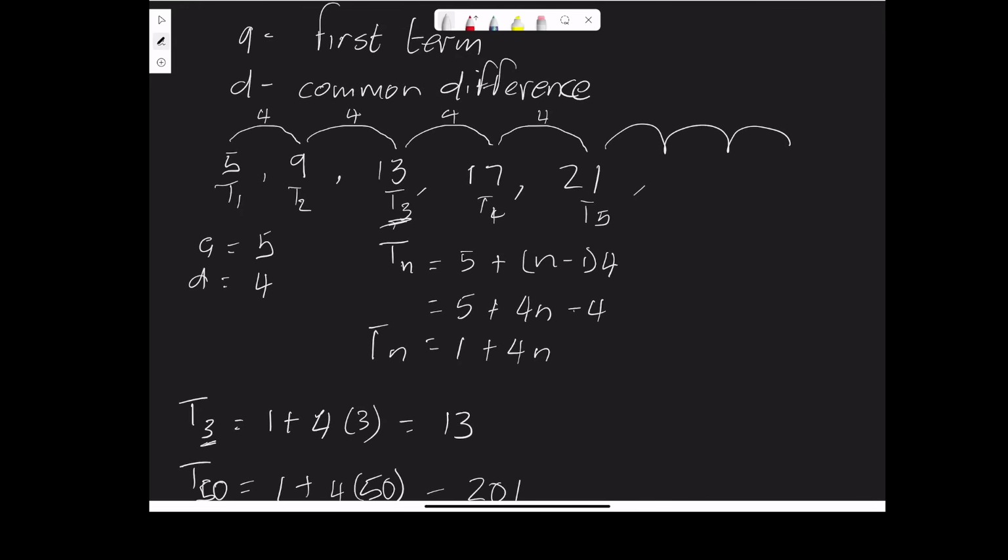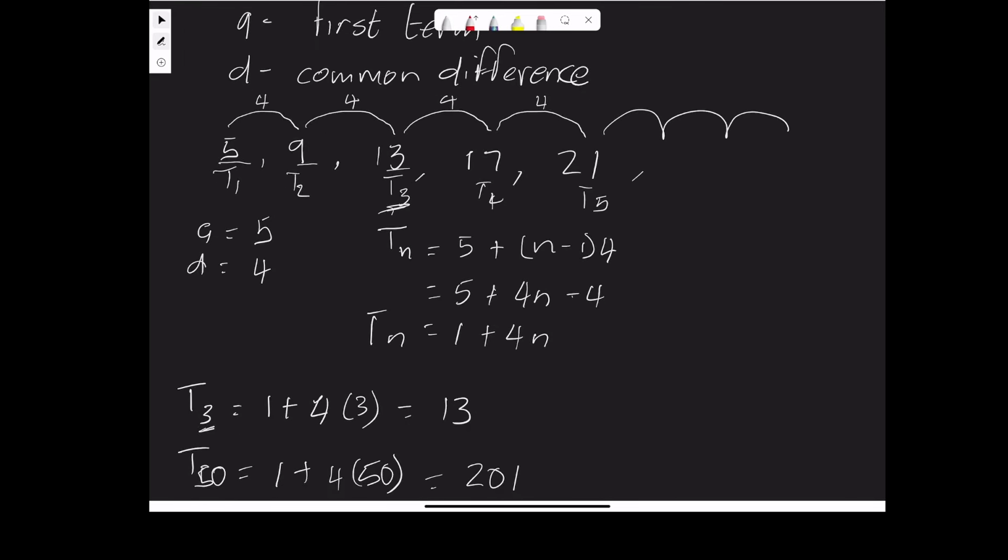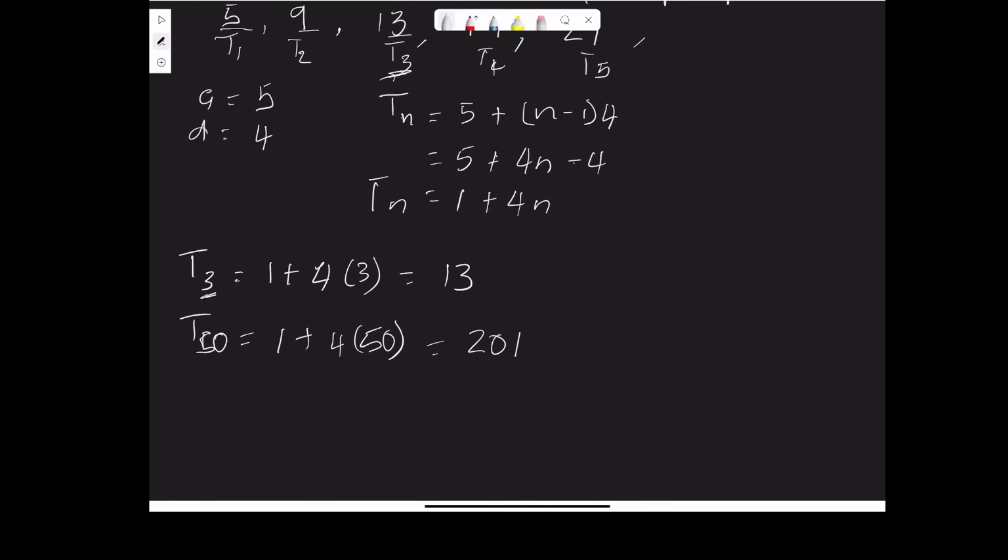Okay, so those are my terms, term 1 to term 2. Now note, if I ever wanted to work out the common difference, whenever I take the difference between two consecutive terms, let's say T2 minus T1, that should give me the common difference.